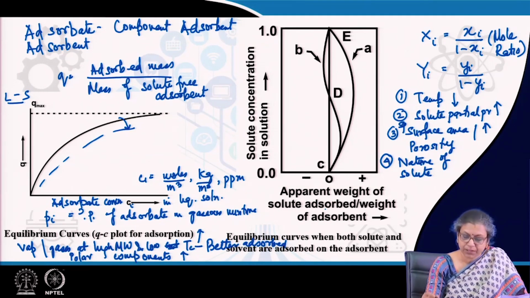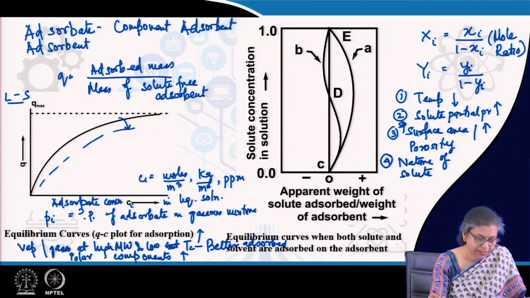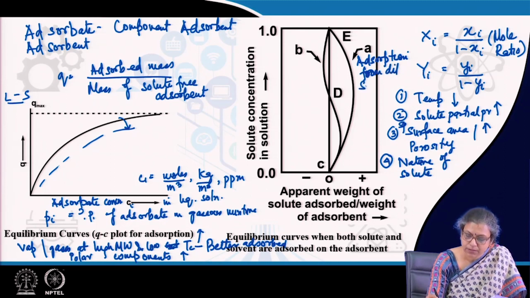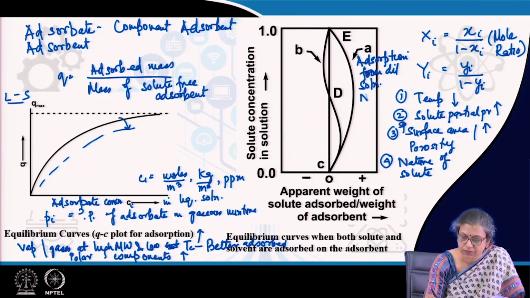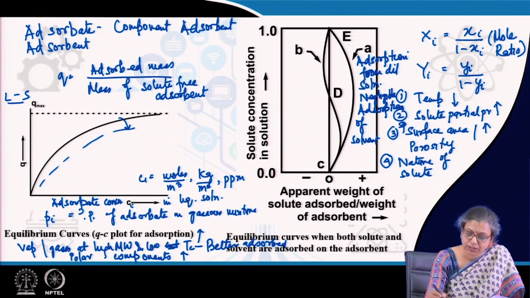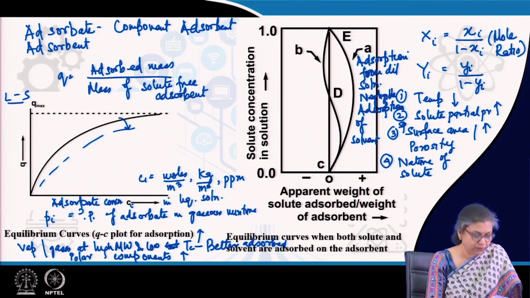Now, the curve which I have drawn in this particular case, the curve A, denotes adsorption from a dilute solution where the solvent is negligibly adsorbed, or in other words negligible adsorption of the solvent, right. This is the curve which normally happens, the curve that we would expect.